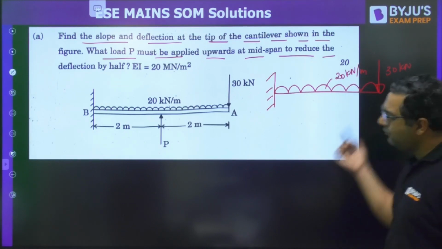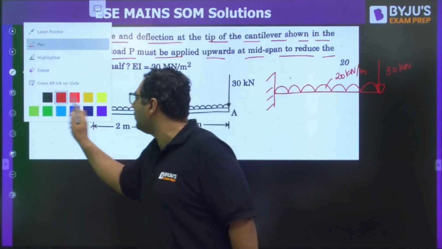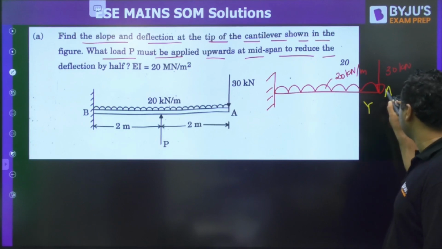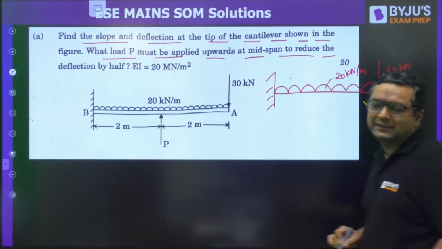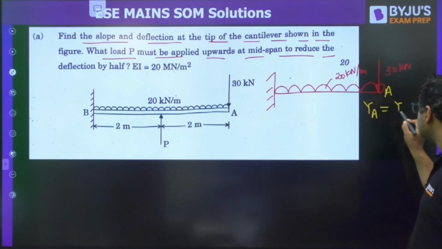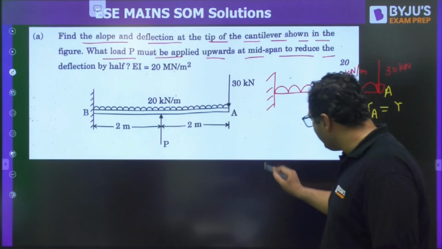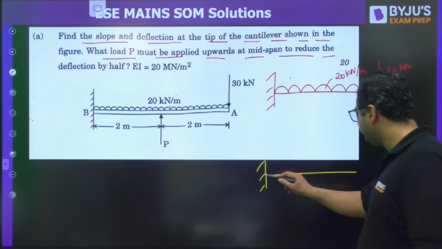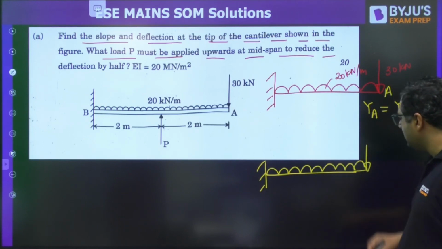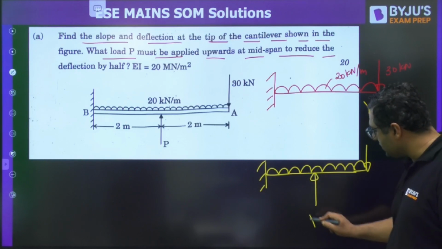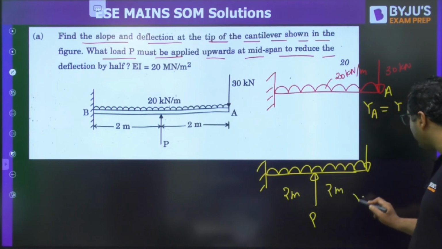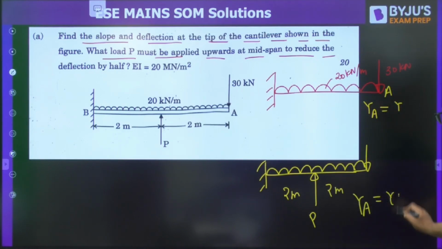When this is the loading condition, we will find that deflection at A will be maximum. In a cantilever beam, maximum deflection occurs at the free end. So let us say YA is some value Y. Then he is saying that along with this loading, I apply an unknown load P at mid-span, and after that the deflection at A will become Y by 2.